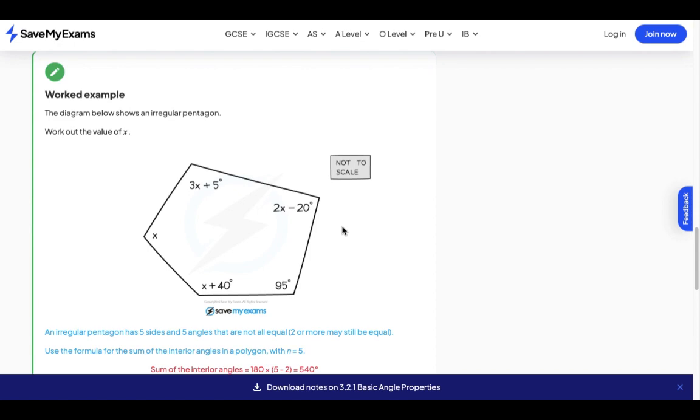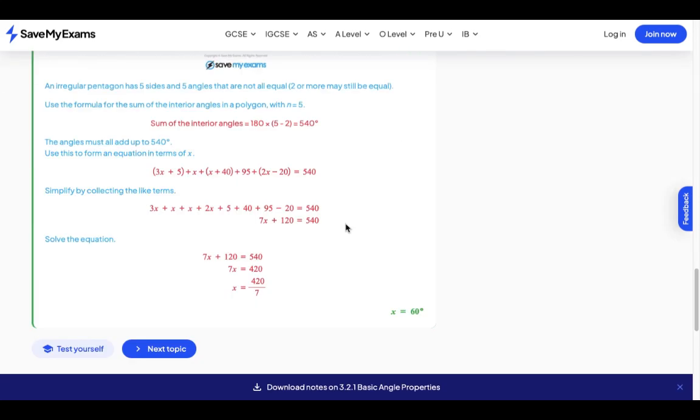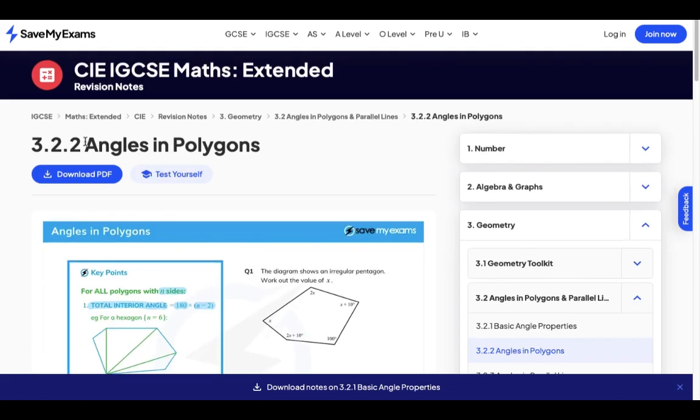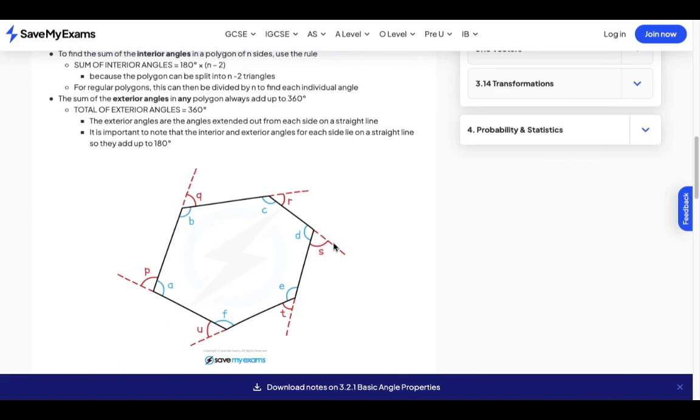The topic is angle properties, basic angle properties, revision notes, 3.2.2 angles in polygons.